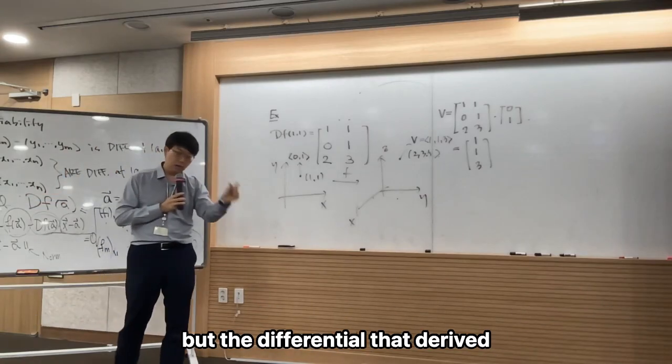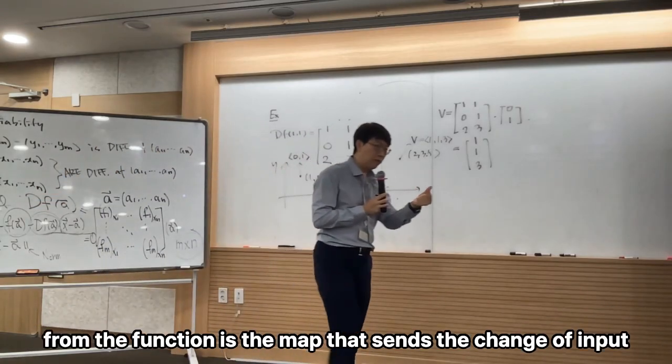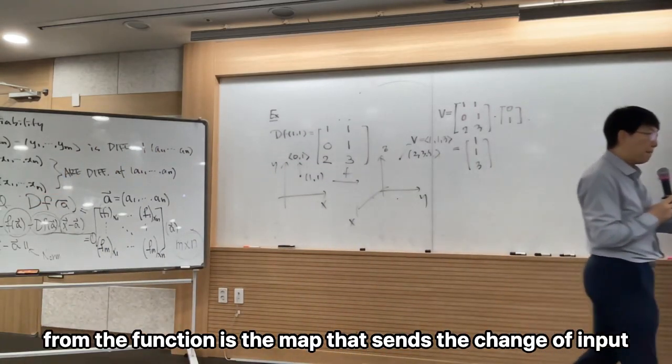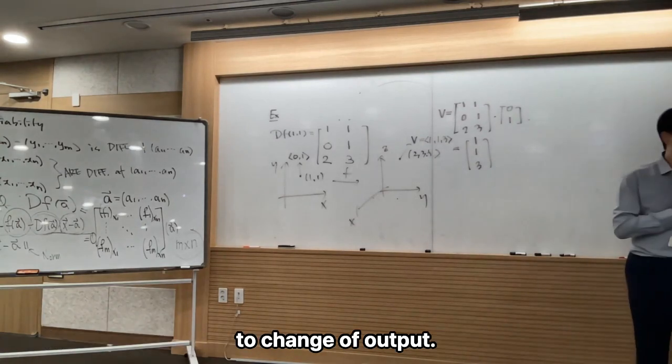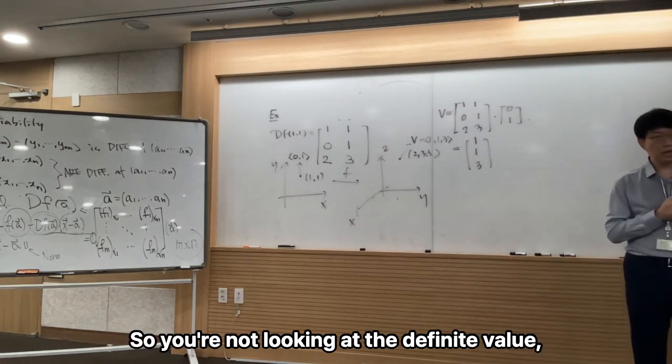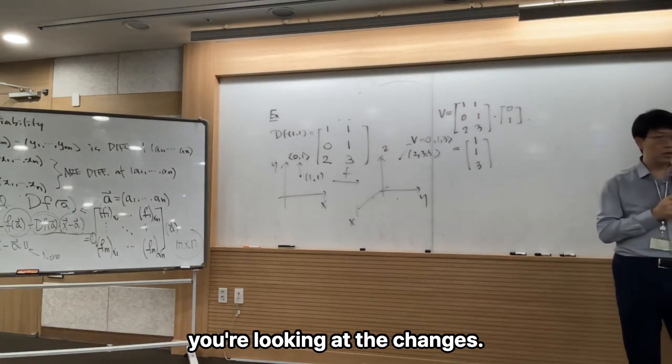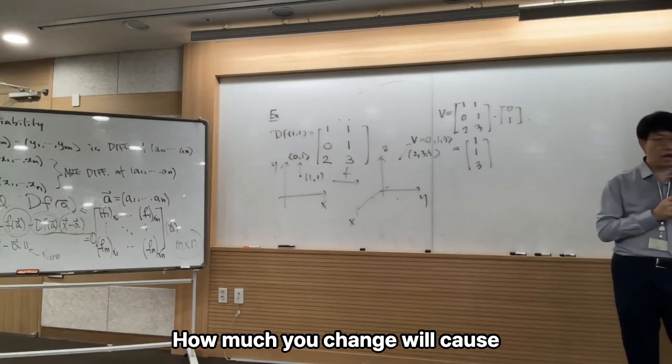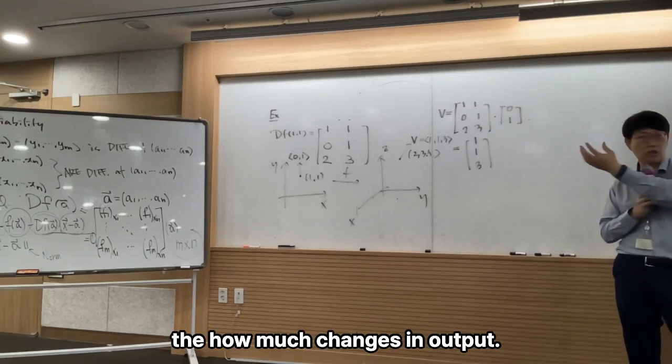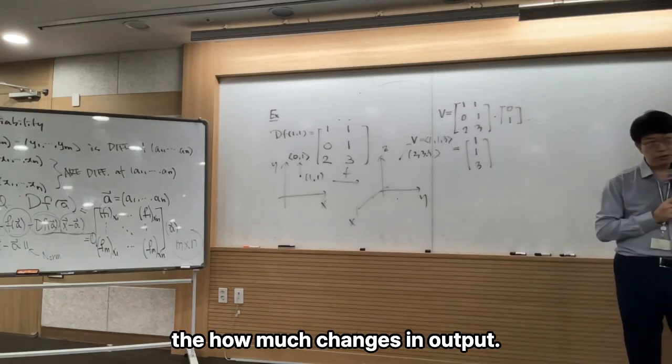But the differential derived from the function is the map that sends the change of input to the change of output. So you're not looking at the definite values, you're looking at the changes. How much you change will cause how much change in the output.